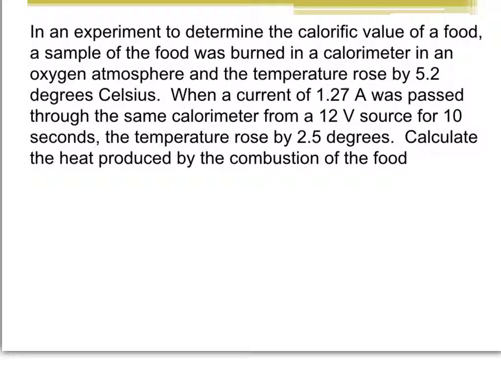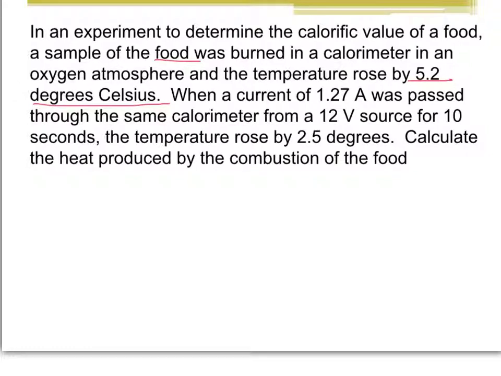So our problem here tells us that when we burn the sample of food in the calorimeter, we get a temperature rise of 5.2. So therefore we know that this 5.2 degrees Celsius is associated with the reaction that was for the combustion of the food.